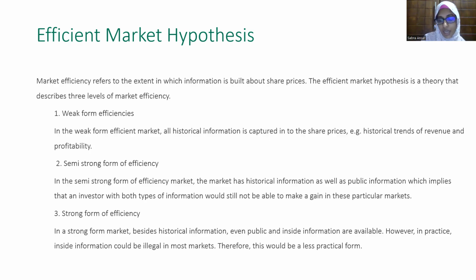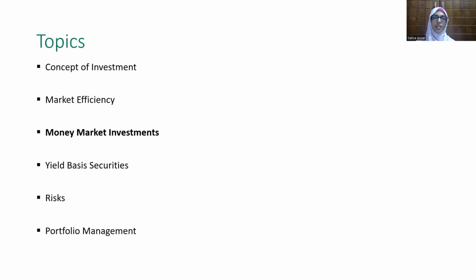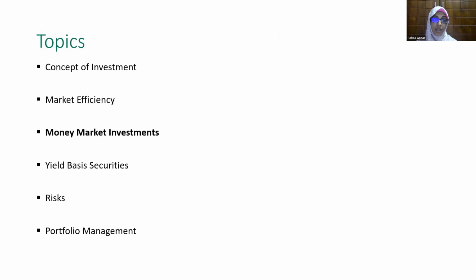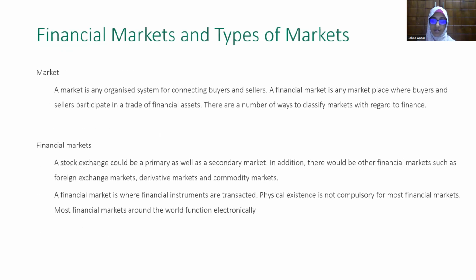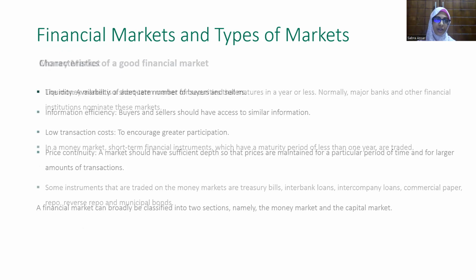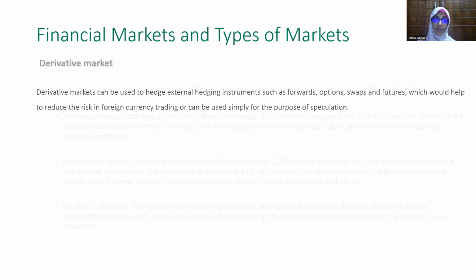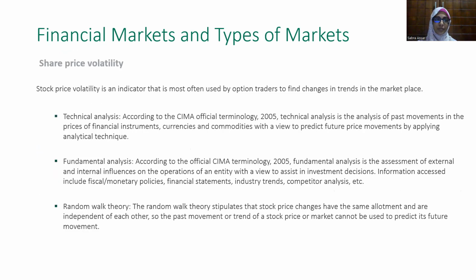So that is the efficient market hypothesis, as you can see. And now we need to move towards money market investments. Actually, this is a large area, because it talks about all the markets, as you can see here.